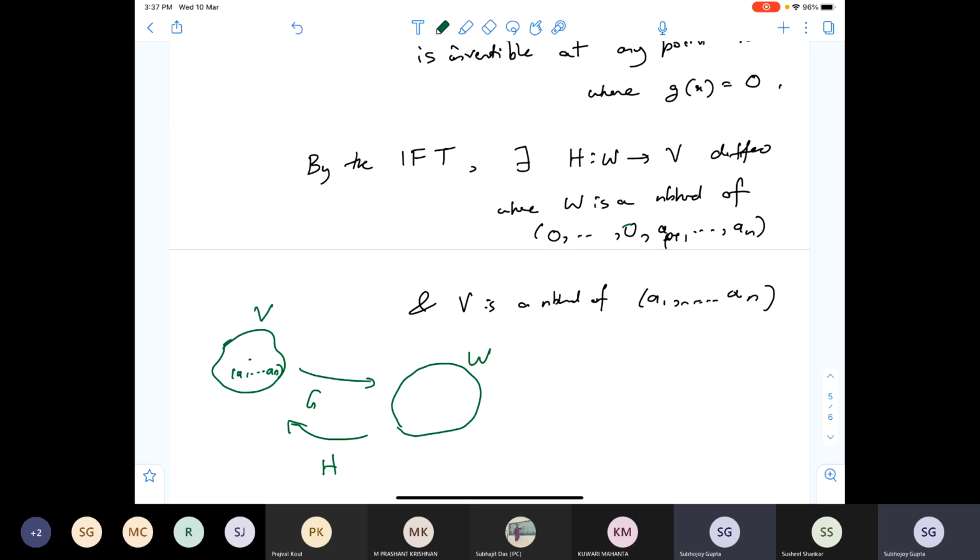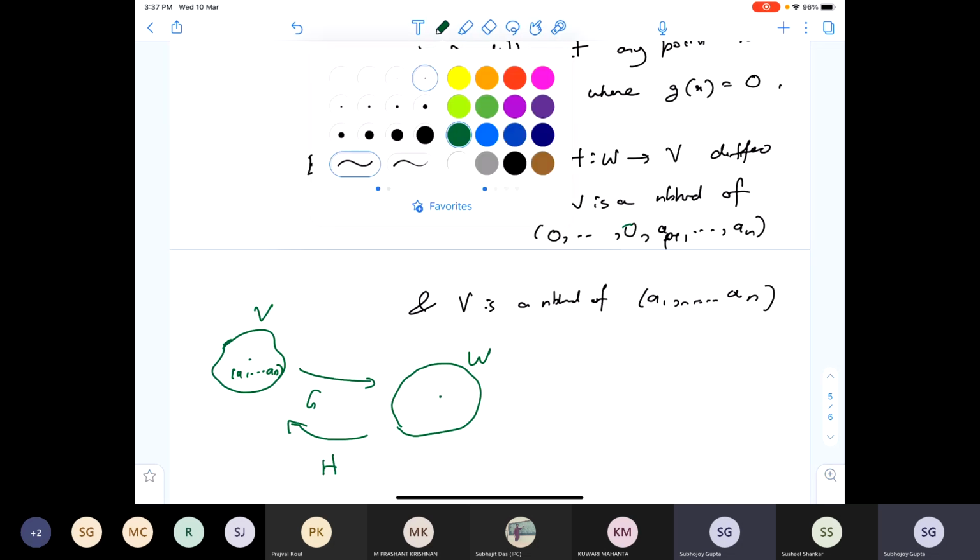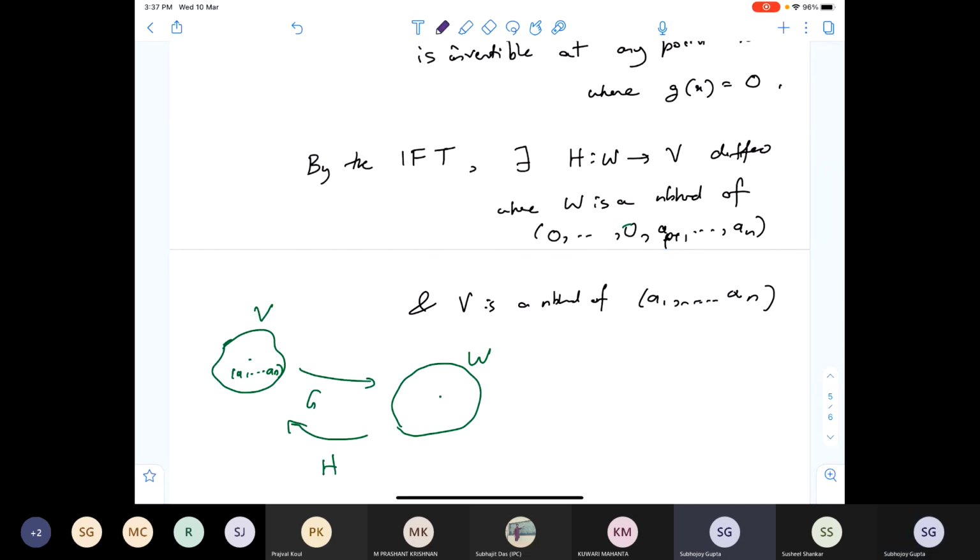And so this A1 to AN lies in the pre-image. So suppose the pre-image of 0 is somewhere here in the picture. Well, it's the set of points G inverse of 0, right?